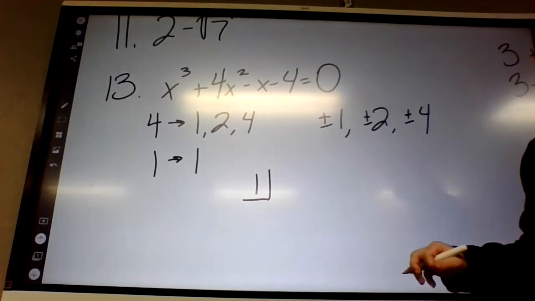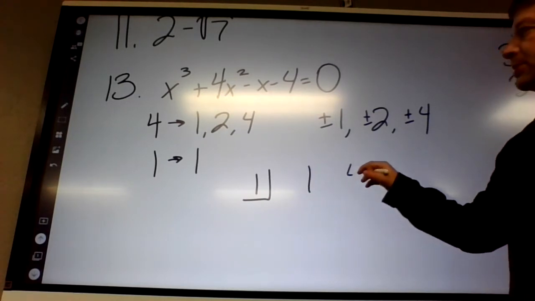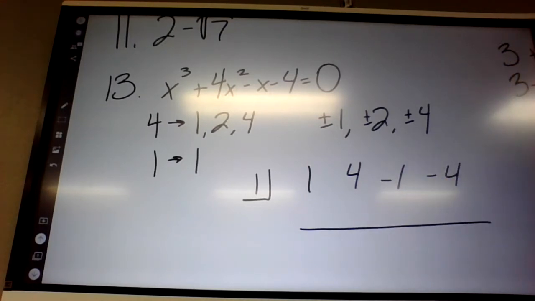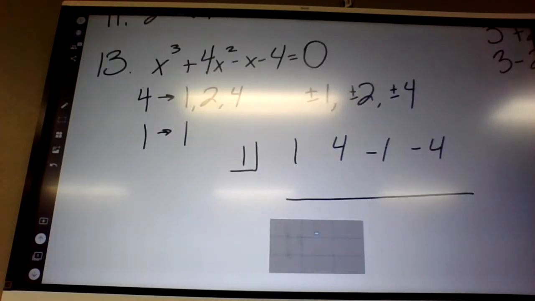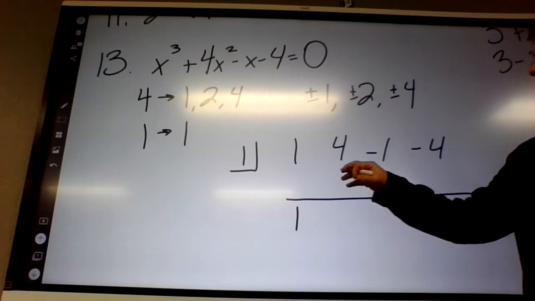However, I am going to use synthetic division to show that 1 works, because I need to take the 1 out to find the last 2 answers. You guys remember synthetic, right? Add down, multiply up.